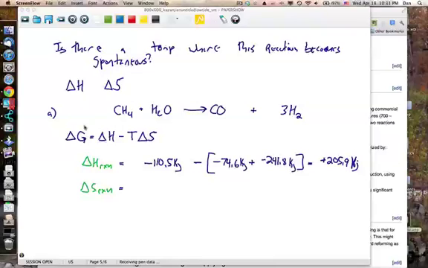For the enthalpy change, you should get a value of about 205.9 kilojoules. For the entropy change, you have to be cautious though, because unlike enthalpies, the entropy for many materials and elements is non-zero.